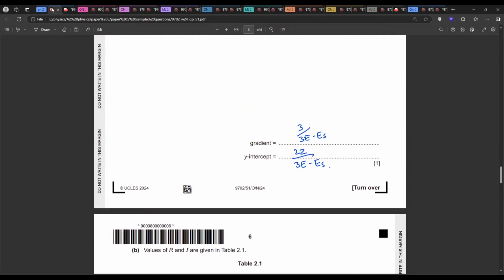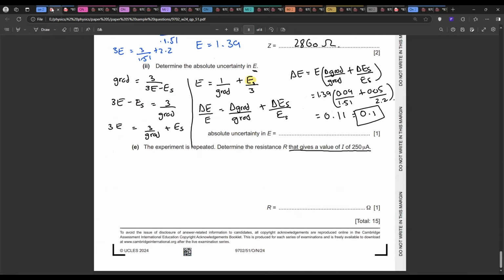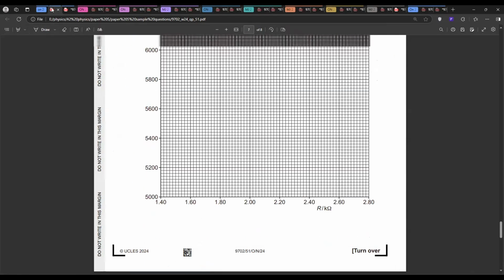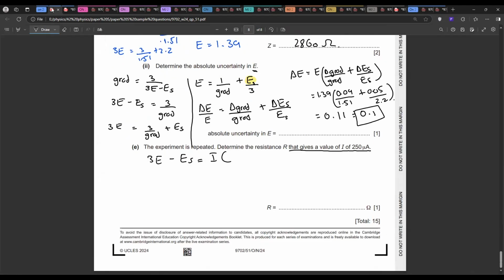You have to take the equation from the top, that is 3E minus ES. Let me write this here. 3E minus ES is equal to current into 3R plus 2Z.